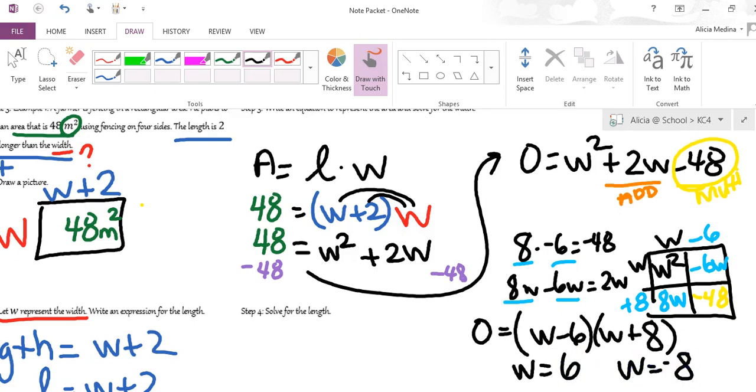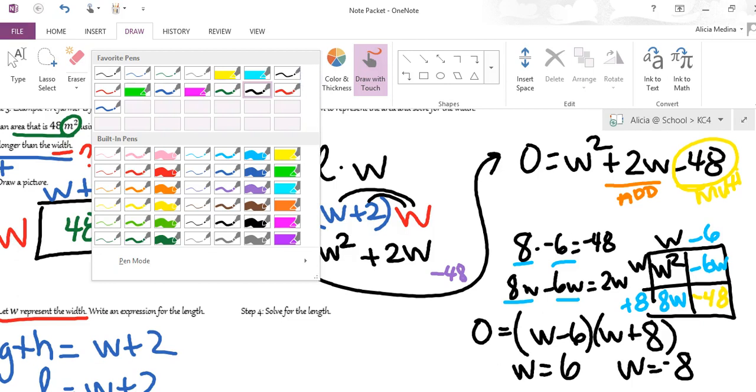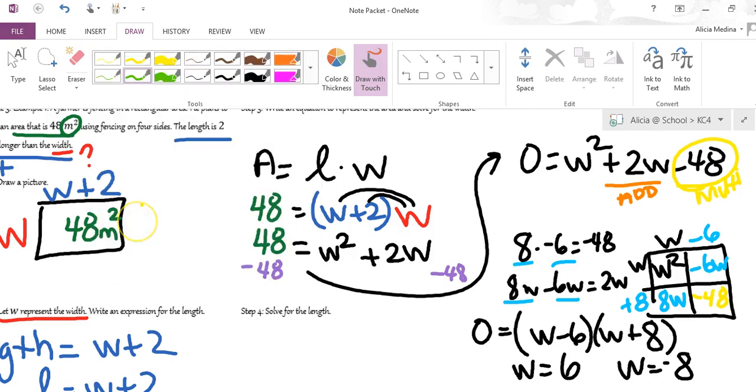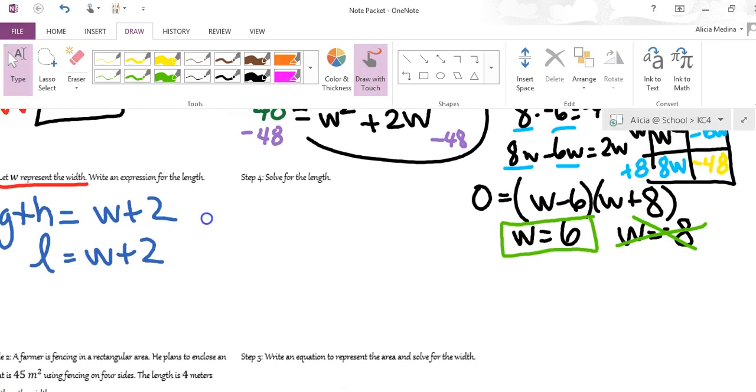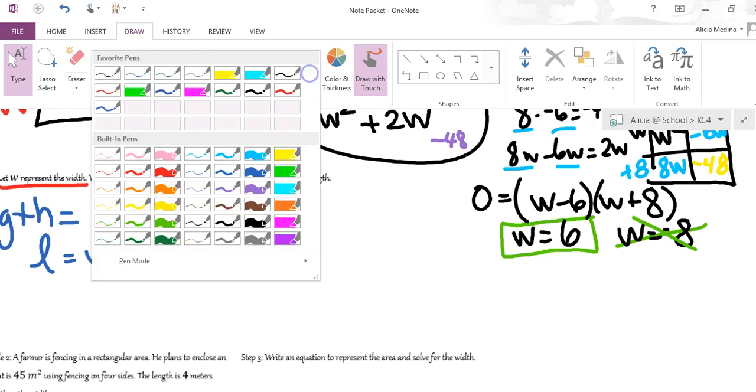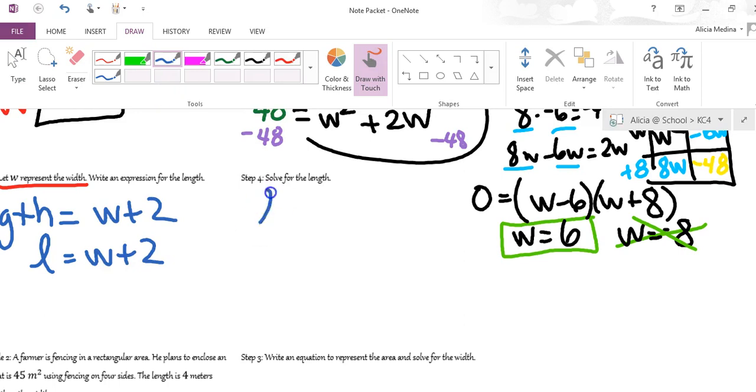Hopefully you remember, though, that when we're dealing with real-world problems, we can't take negative answers. So we're going to exclude the negative, and our answer for our width is 6. It asks us to solve for our length. Previously we said that our length was whatever W is plus 2.